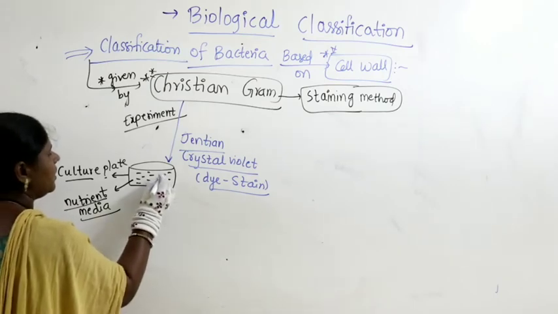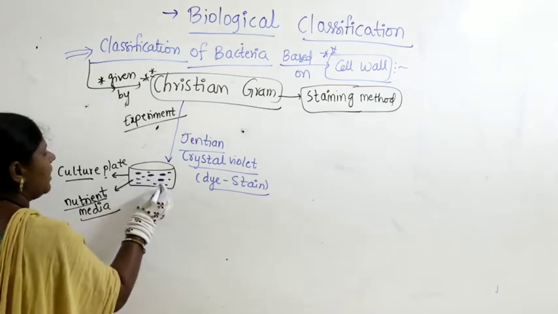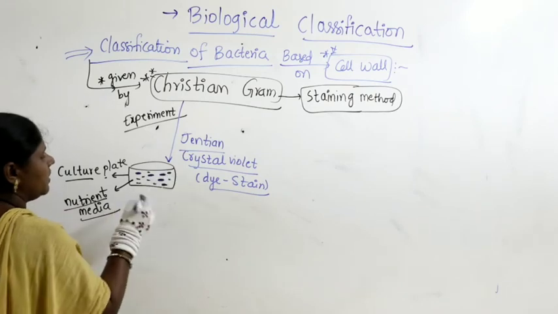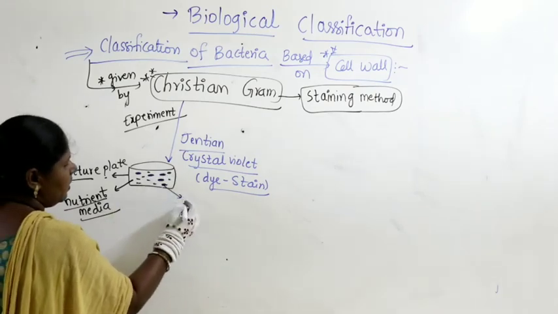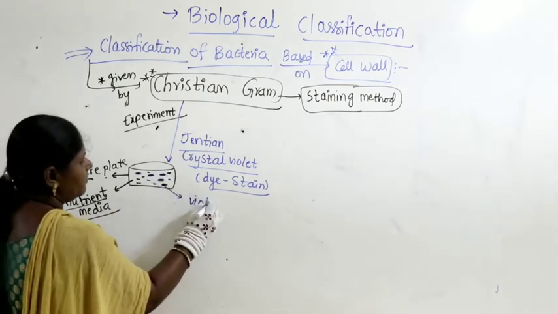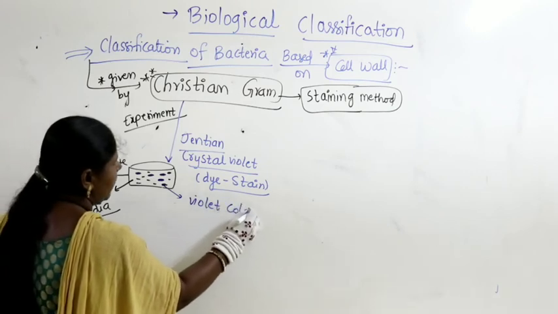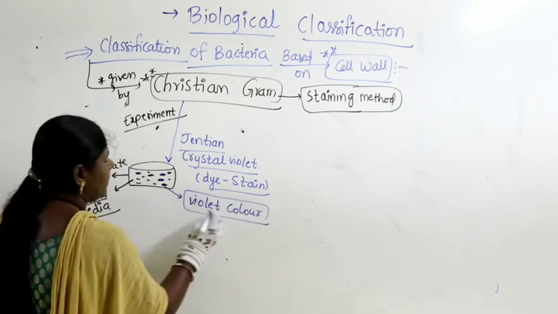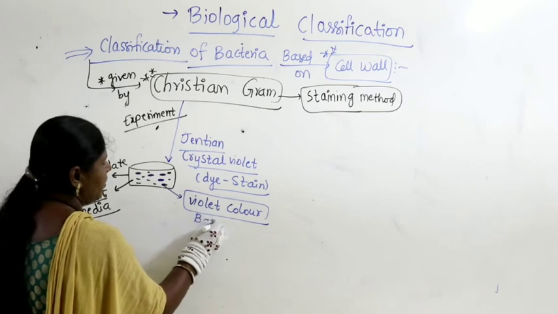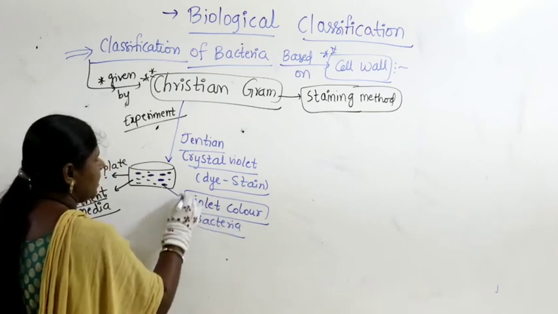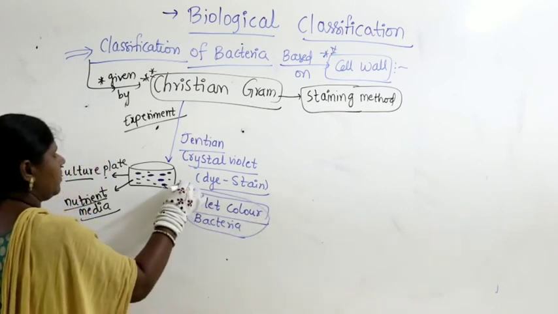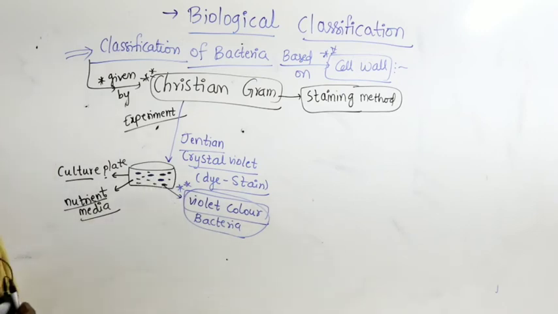had taken the gentian violet and appeared dark bluish in color. They appeared violet in color. So some of the bacteria were stained violet, but it was not uniform.